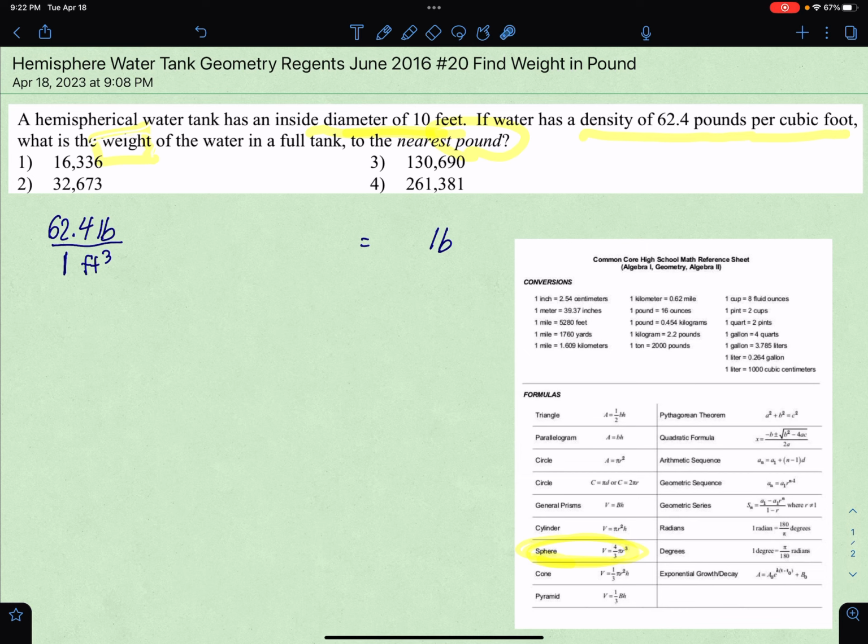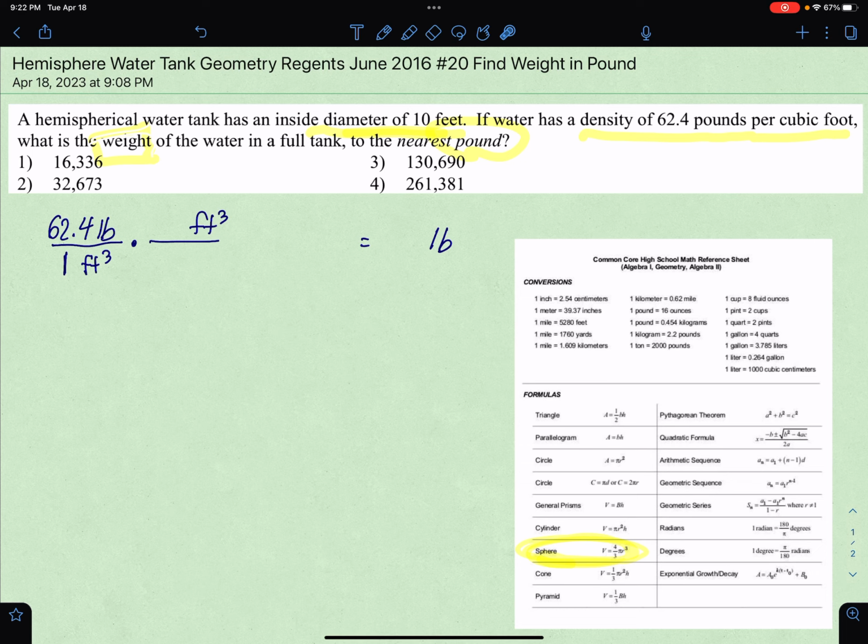Now, remember, the goal is to have only pounds on top, which means we have to cancel diagonally cubic feet. So I know this has to be in my numerator. Now I look in the whole problem to see if there is any cubic feet, and there is no other information.